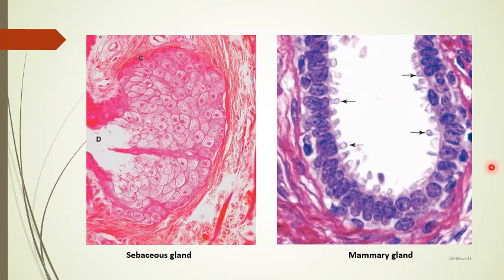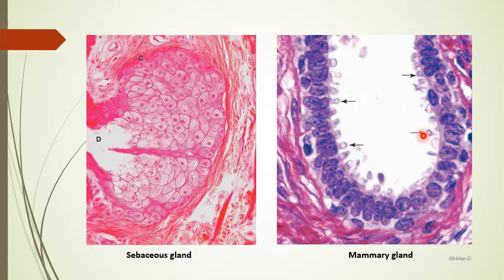The other example here, we have mammary gland, also a histological section. Both of them are stained with hematoxylin and eosin stain and seen by light microscope. In the mammary gland, we have the apocrine mode of secretion. As we see here, this is the secretory portion.